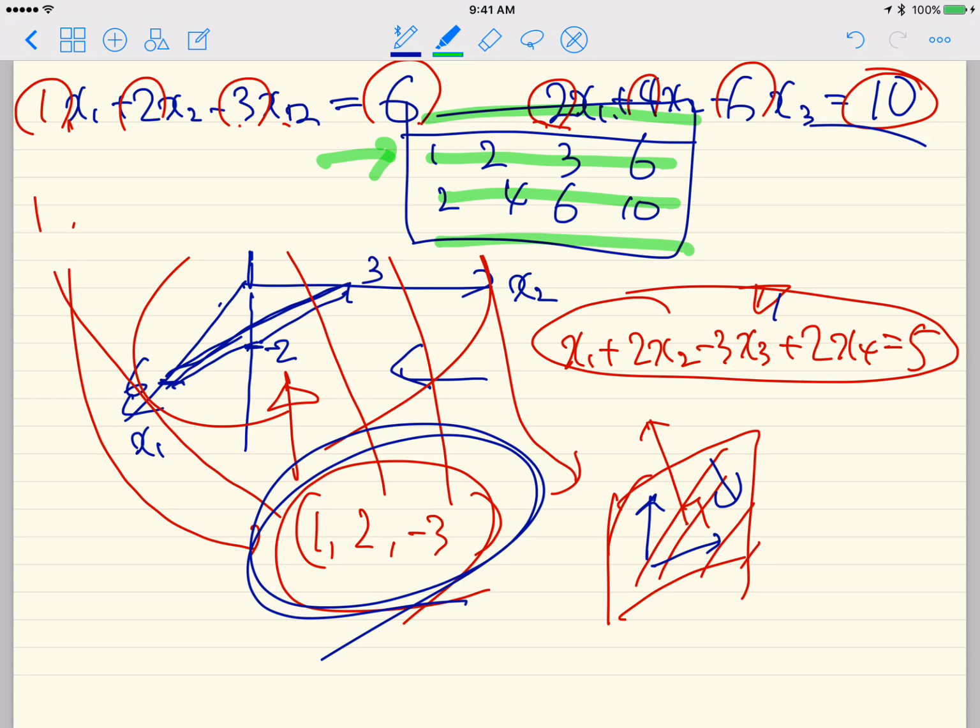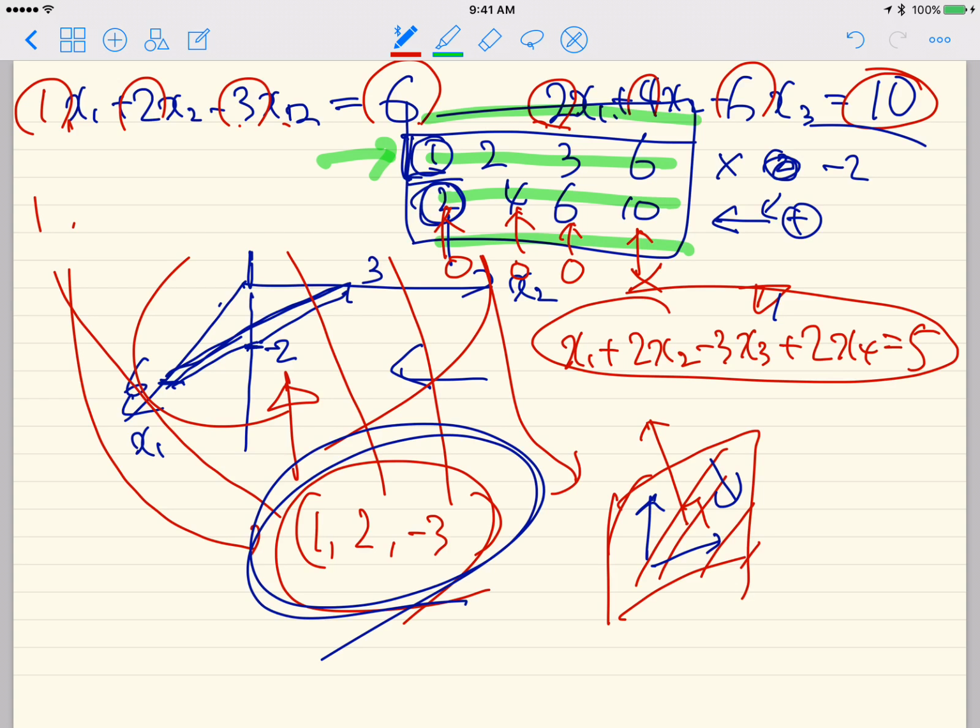Suppose this was the first row, and we now have to create a staircase. We remove this entry by multiplying the first equation by -2 and adding it to the second row. In that case, we make these values 0, 0, and 0, and the last one will not be 0.